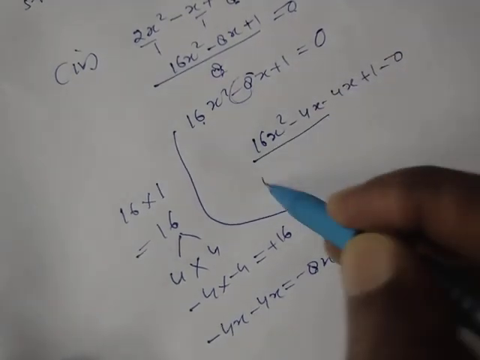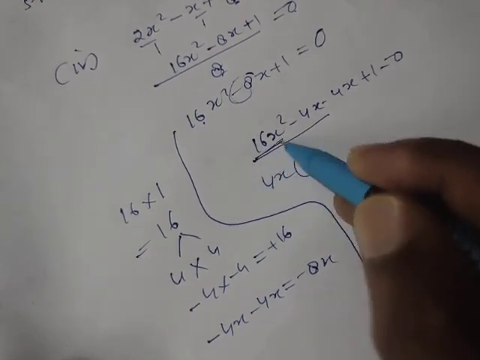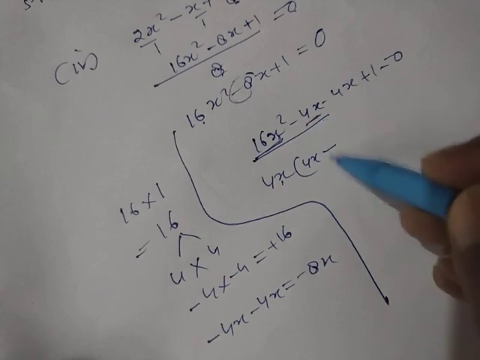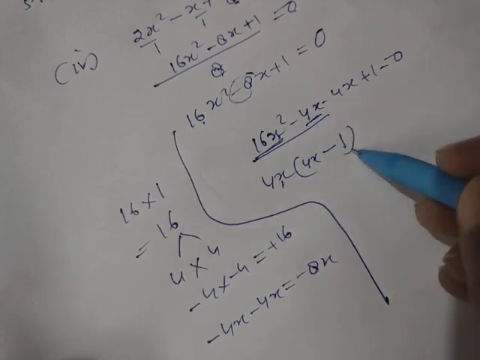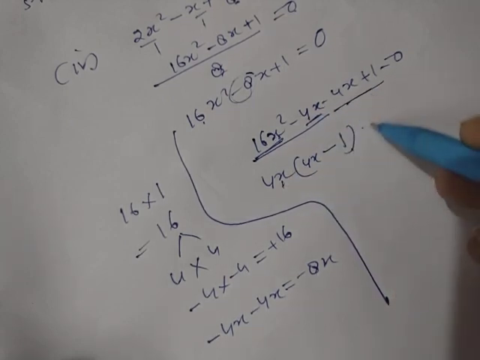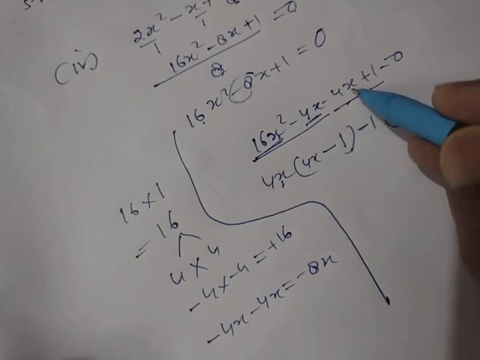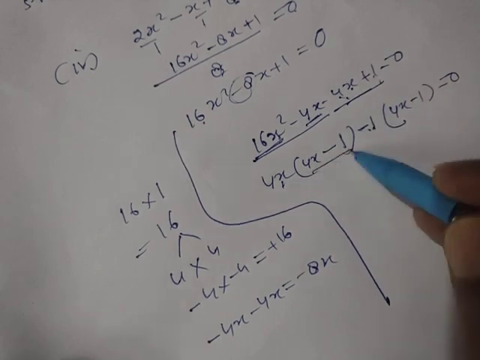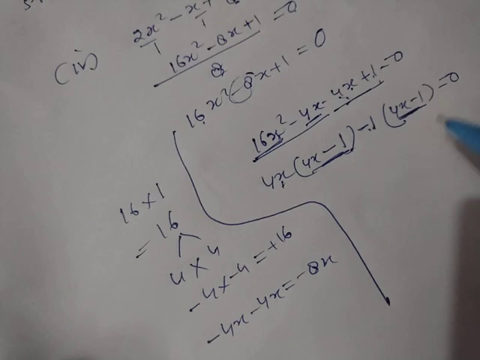What is common in this? 4x. 16x square upon 4x is 4x, minus 1. 4x upon 4x is 1. What is common in this? Minus 1. Minus 4x upon minus 1 is plus 4x, plus 1 upon minus 1 is minus 1, equal to 0. Both are the same. 4x minus 1 is common.